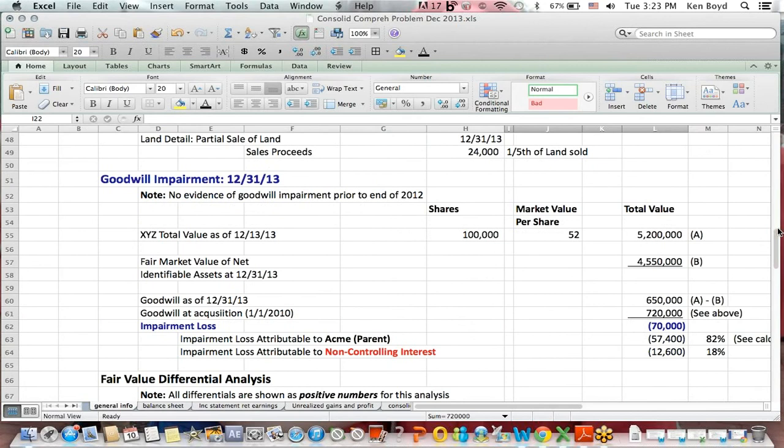And that's the goodwill number that we have in this impairment analysis right here. So the issue is that goodwill has become impaired, or permanently declined, by $70,000. $57,400 of that impairment goes toward the parent, and the remaining 20% goes to the non-controlling interest.